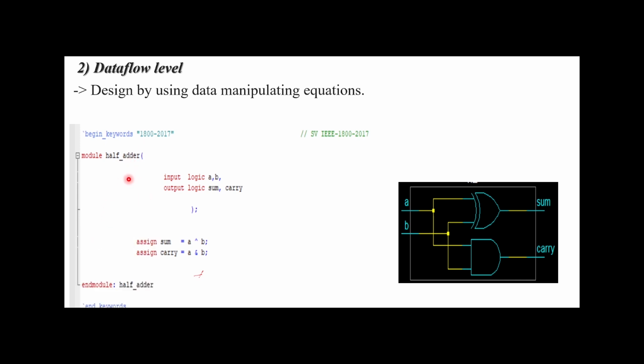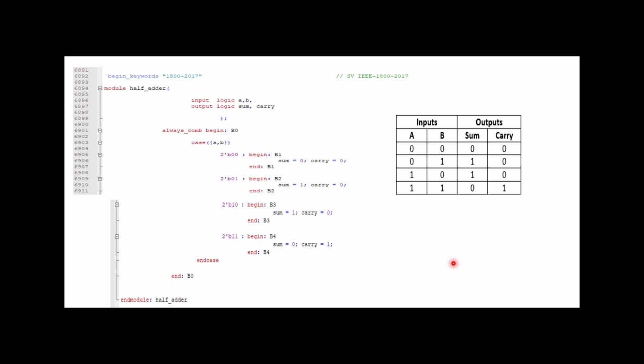This is the half adder module and end module, with inputs A and B, outputs sum and carry. Here we are using the assign statement, a continuous assignment statement: assign sum is equal to A XOR B, and carry is equal to A AND B. Very simple. If you synthesize or see the schematic view of this code, you'll find the circuit.